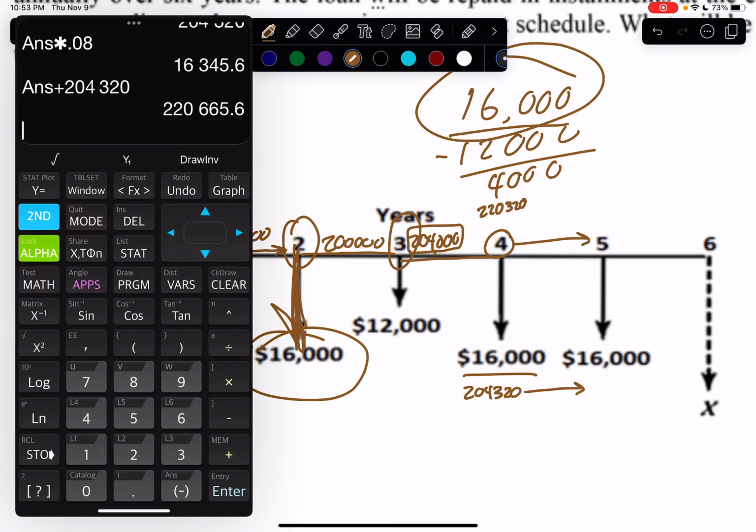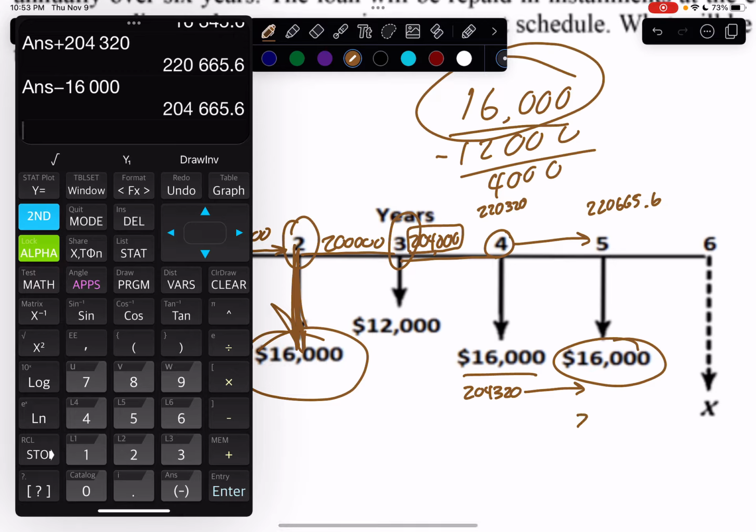The company owes $220,665.6. They're going to make a payment of $16,000. So take away $16,000. And now they're going to have a balance of $204,665.06. And then they're going to carry that into year 6.